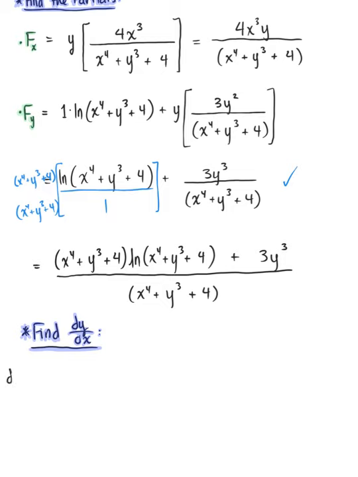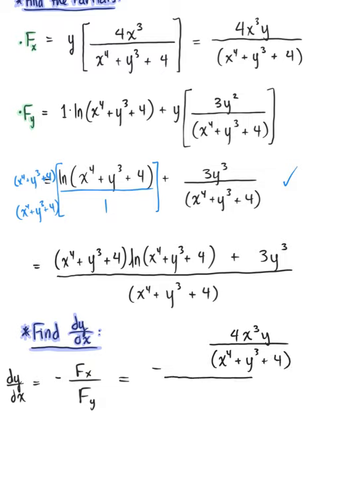Again, we know by the theorem for implicit differentiation in Rn that dy/dx is equal to minus the partial derivative with respect to x by the partial derivative with respect to y. In the numerator, we have 4x cubed y, all divided by x to the fourth plus y cubed plus 4.